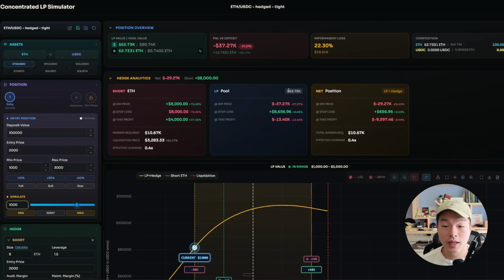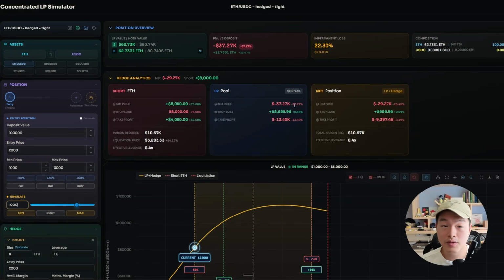Again, I don't think it's a great idea to overly hedge or use a hedge strategy with a really tight range. I feel much more comfortable with, let's say, a $2,000 wide range with this strategy versus a strategy that is just too tight and just requires too much management and you're getting stopped out all the time.